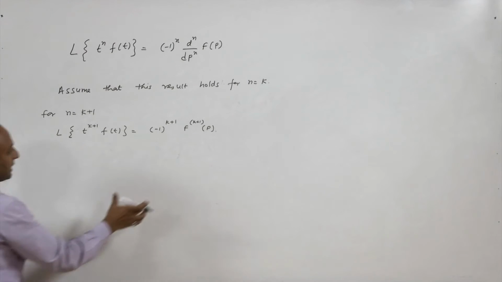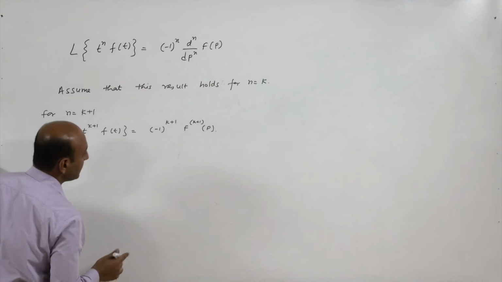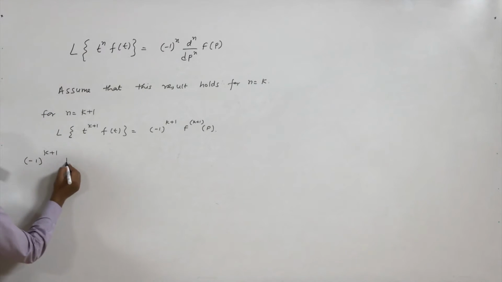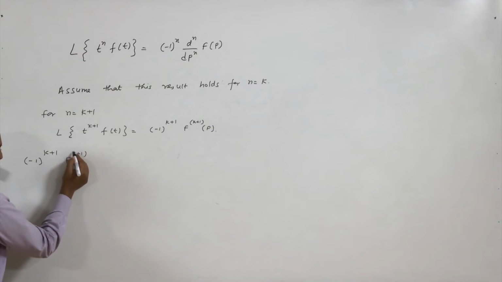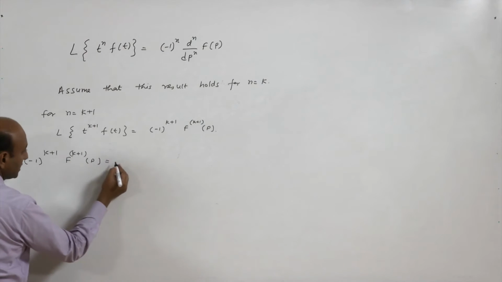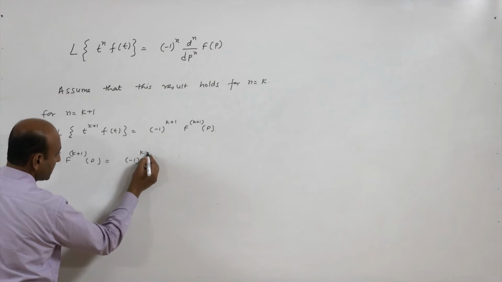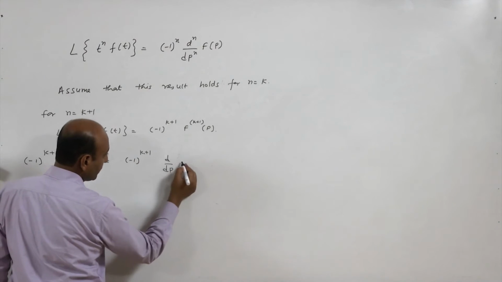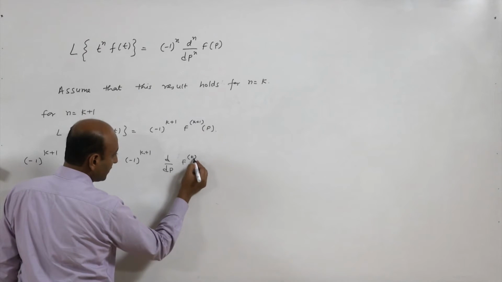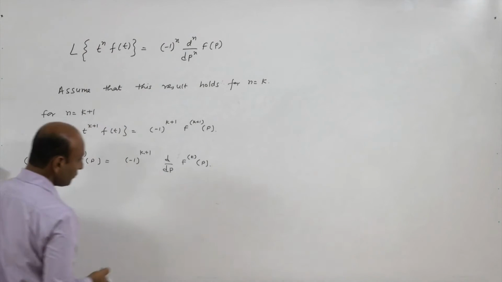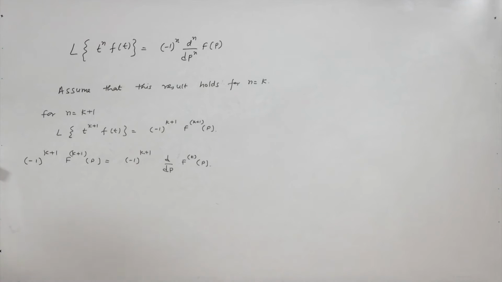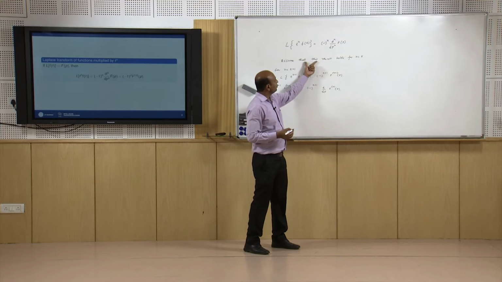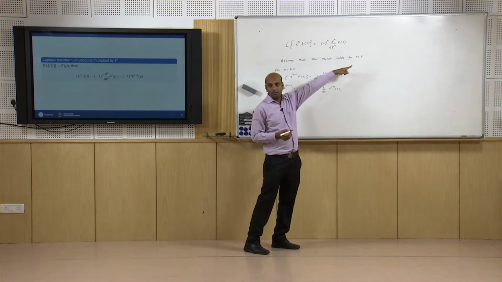So, let us take the right hand side. The right hand side is (-1)^(k+1) times the (k+1)th derivative of F(p), which is nothing but (-1)^(k+1) d/dp of the kth derivative with respect to p of F(p), and this we have already assumed, that the result holds for n equal to k.